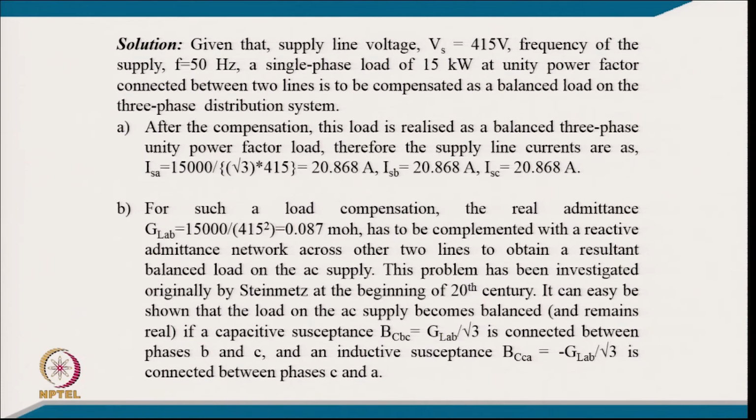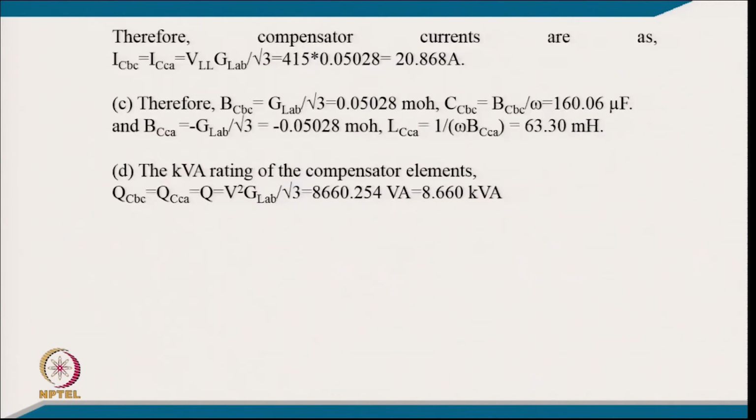It can easily be shown that the load on the AC supply becomes balanced and remains real if a capacitive susceptance BBC, the value of GLAB divided by root 3, is connected between phases B and C, and an inductive susceptance BCA, that is minus GLAB divided by root 3, is connected between phases C and A. Putting in these values, we get the compensator current across BC equal to ICA, both equal in magnitude: VLL, the line voltage, into GLAB divided by root 3, that is 415 into 0.0500. So the current comes to only 20.86 ampere.